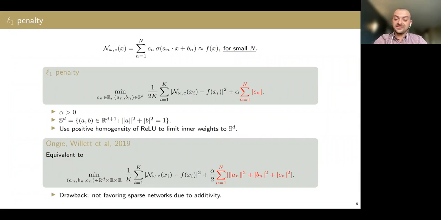Yeah, and a bigger sign why the L1 minimization is not going to favor sparse networks is because the L1 norm is additive. What additivity of the L1 norm really means is this absolute value here in the c_n, right? This absolute value we can split into 2 terms.